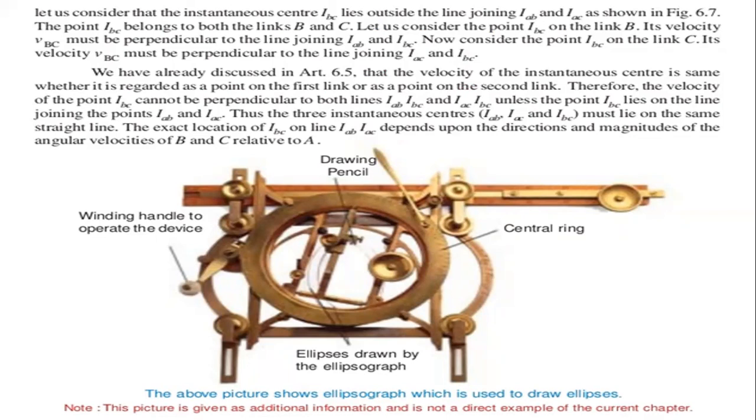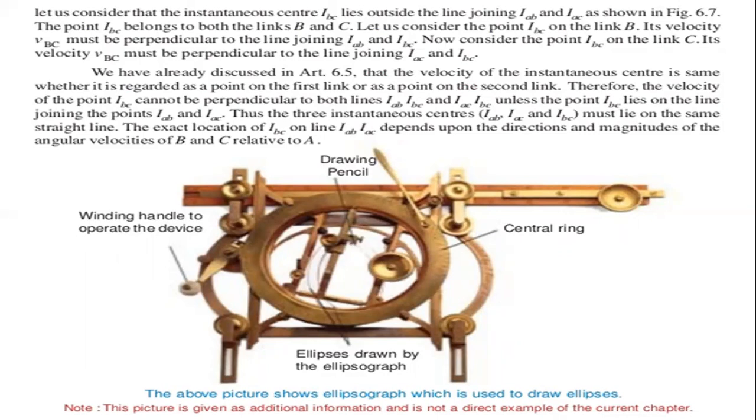The point IBC belongs to both the links, so this is the center which is taken from the two links, that is B and C.